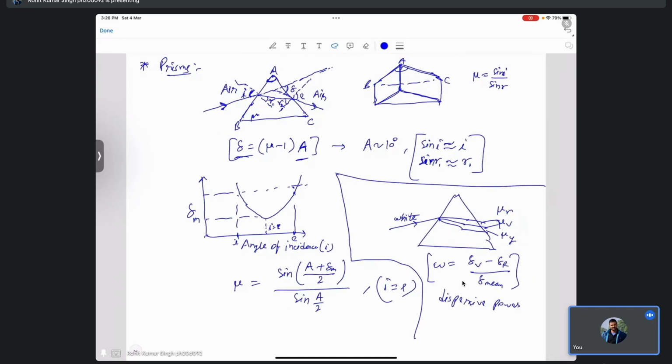Okay, then that's all, I think. If you have any question here, you can ask. If not, I'll move to our problem solving session. I just did a quick recap of some concepts and some formulas.